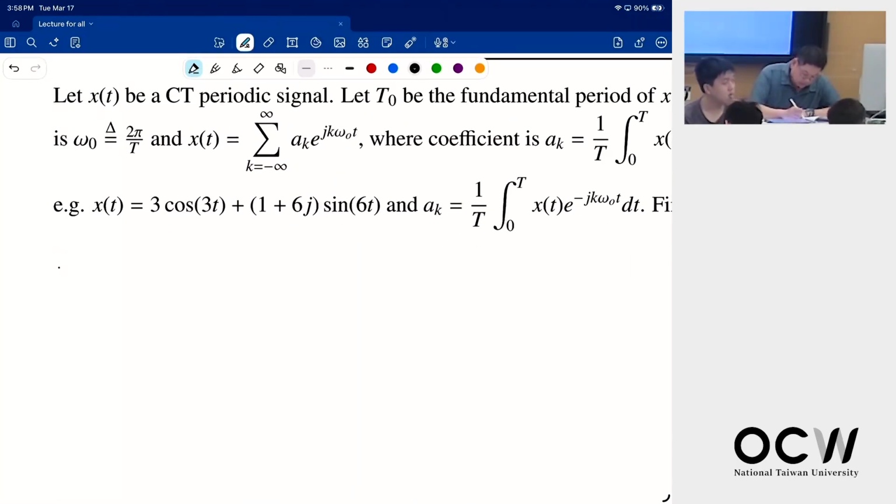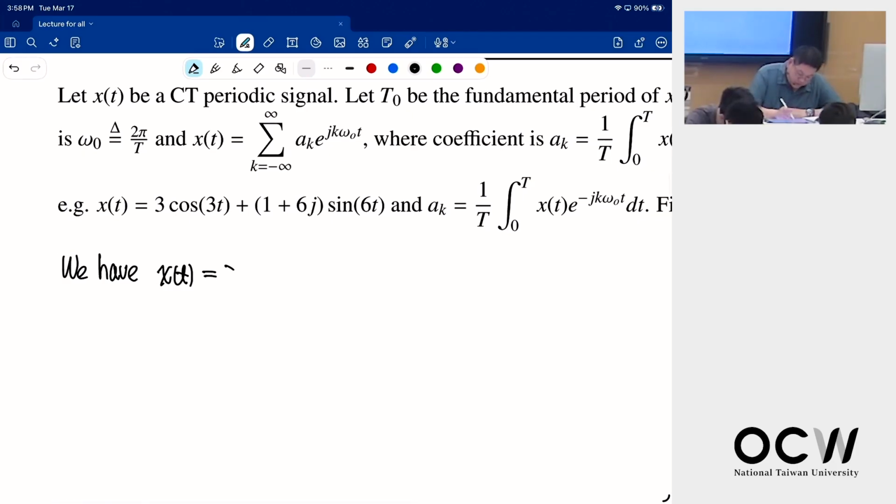We can rewrite our signal x. Since it is cosine and sine, I can express cosine and sine by using the Euler formula. Then it can be expressed in terms of the complex exponential.